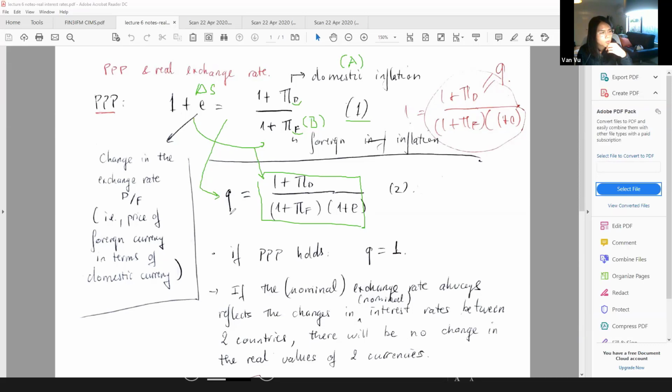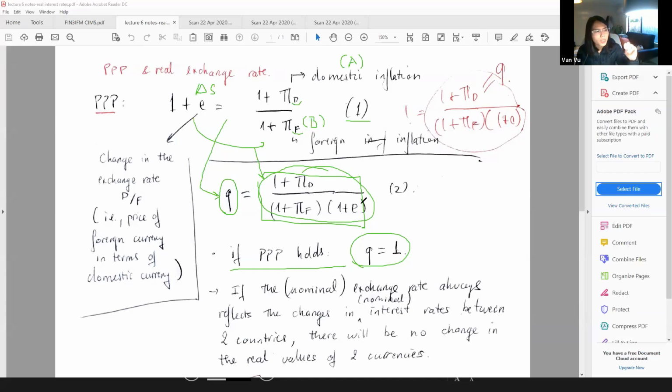So I'm going to call the left-hand side Q for real exchange rate. So if relative PPP holds, then Q will be equal to 1, right? Does that make sense? Under the PPP, this whole ratio should be equal to 1, okay, from equation 1.